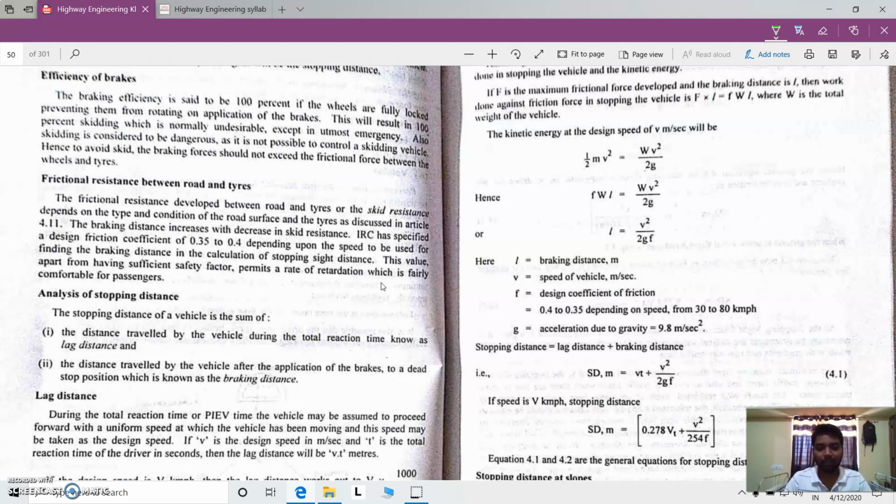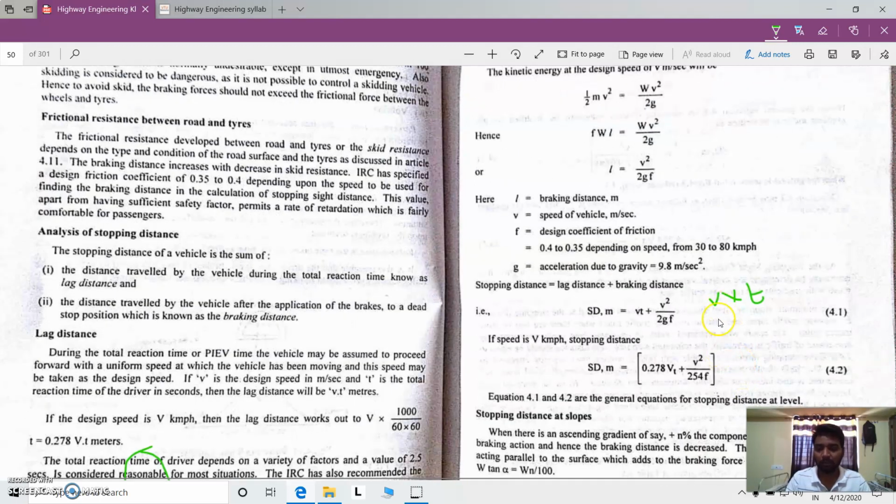The lag distance is the total distance traveled by the vehicle during the reaction time of the driver. That is distance equals v, in meters per second, multiplied by time t, in seconds, which is 2.5 seconds as given by the Indian Road Congress.